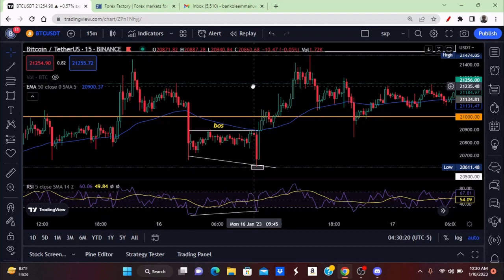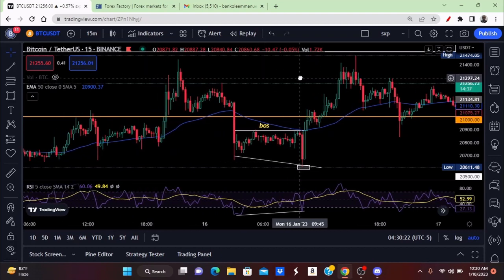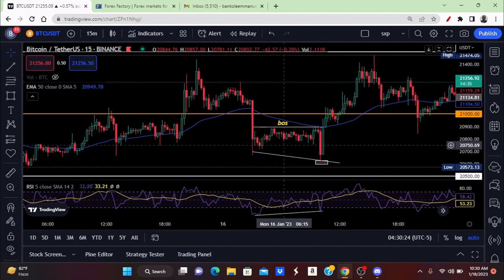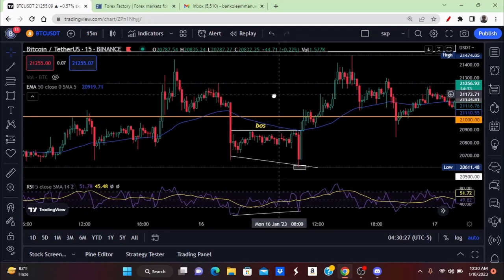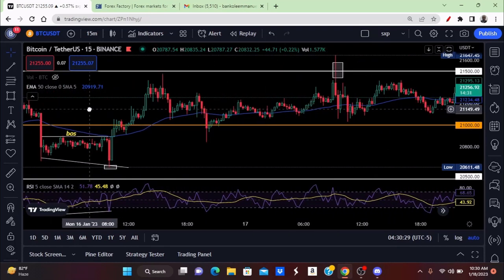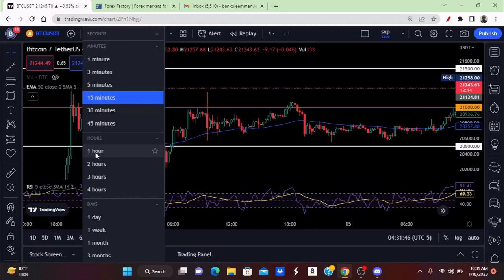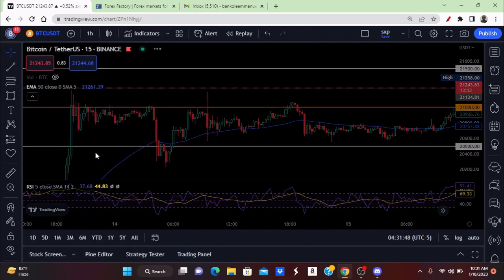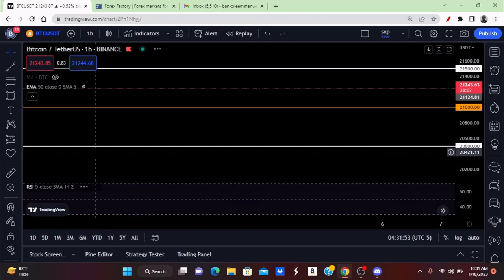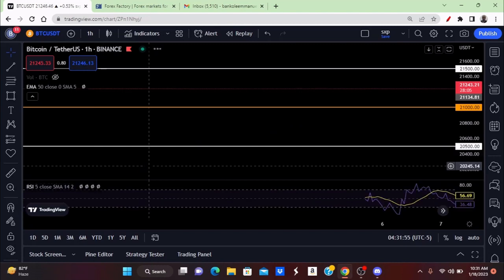So now, while we are looking at this trade, this is a bullish divergence. Let's look at where we got a bearish divergence. Now for the bearish divergence, we start on the 1 hour time frame. So when we see it on the 1 hour time frame, we go to our 15 minute time frame or 5 minute time frame for entry.